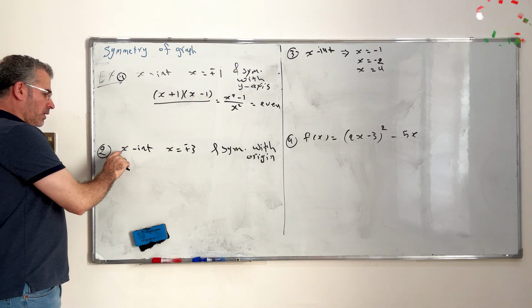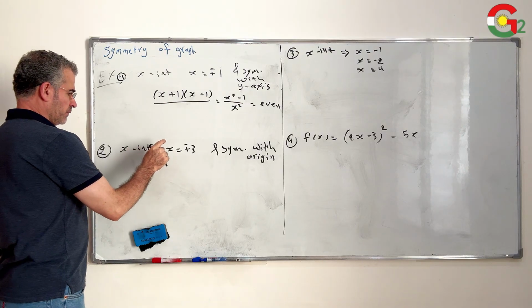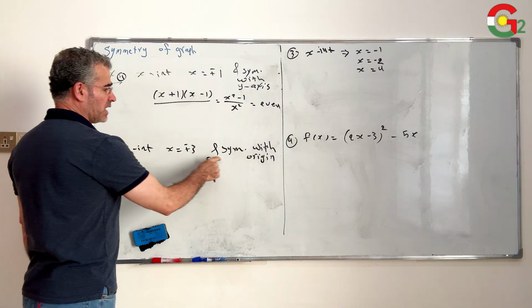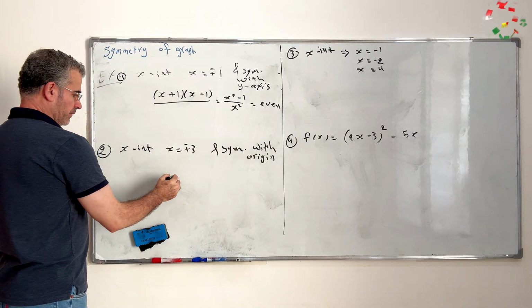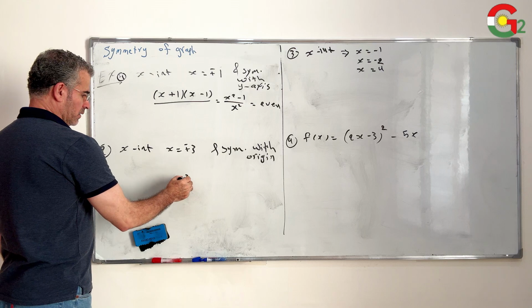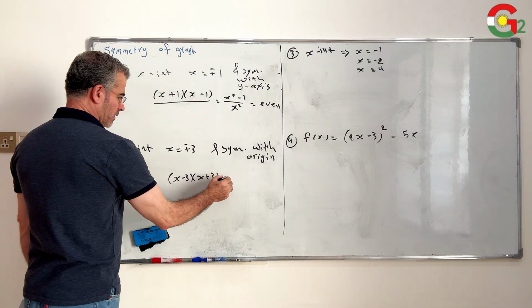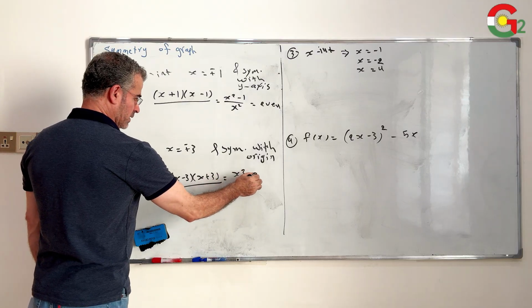Number 2: find the function that has two x-intercepts at negative 3 and positive 3 and is symmetric with the origin. The two x-intercepts are x minus 3 and x plus 3. Then the numerator should be x power 2 minus 9.